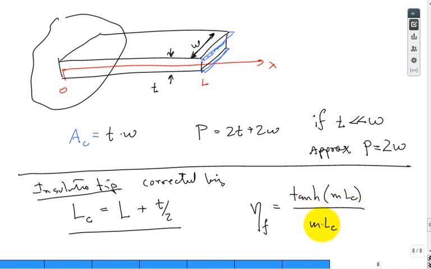And you're saying, where did that L c come from? Well, that's because they're using a corrected length. What happens if it is truly insulated? Well, then you don't need the corrected length. It's only if it's convected that you have this little addition for the length. All right.